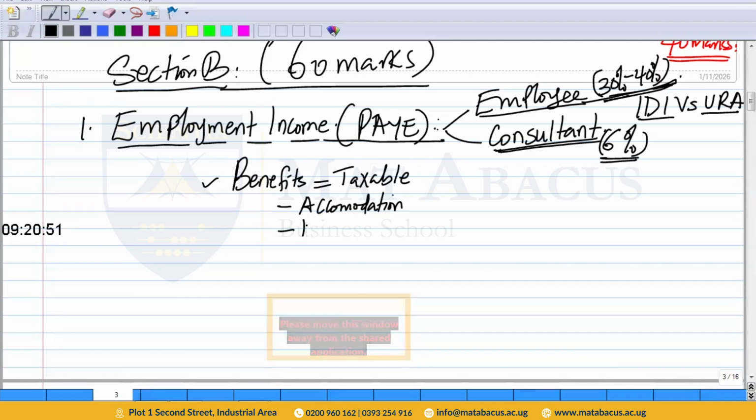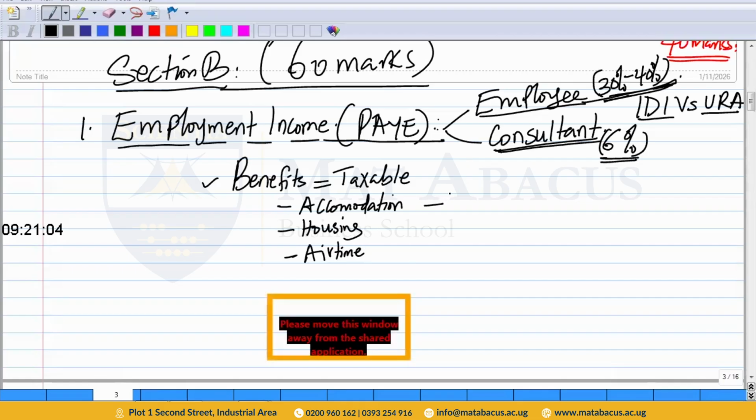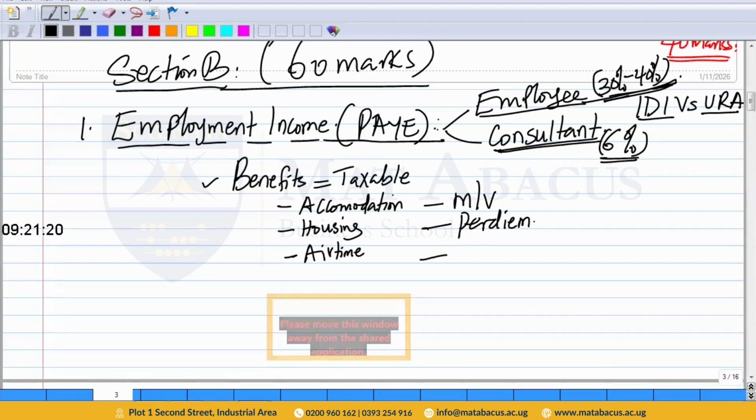You may have housing as a benefit. You may have airtime as a benefit. You may have a motor vehicle. The company may give you a motor vehicle as a benefit. The company may give you per diem when you travel. The company may reimburse fuel.